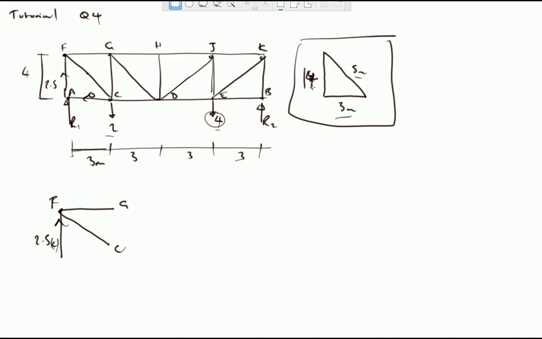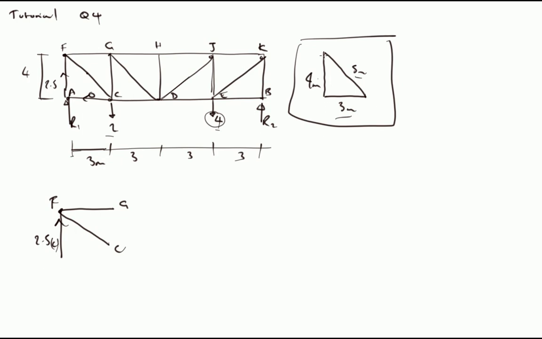Let me just make that a bit clearer, that's 4 meters. So 4 squared is 16, plus 3 squared is 9, 9 plus 16 is 25, square root of 25 is 5 meters by Pythagoras, or just from the 3, 4, 5 triangle.